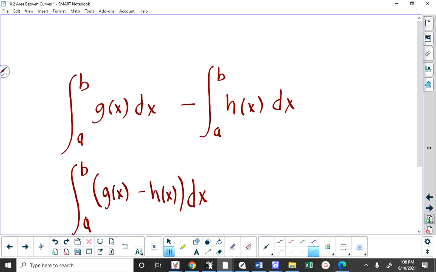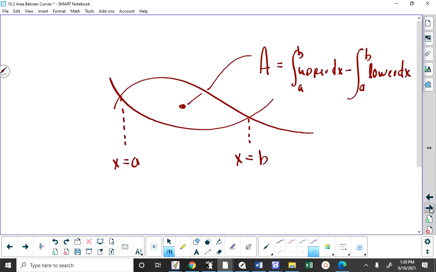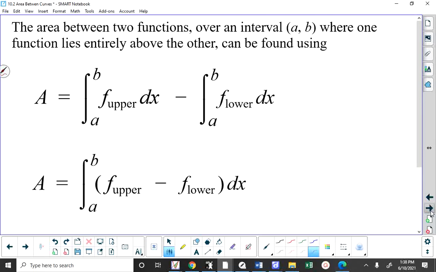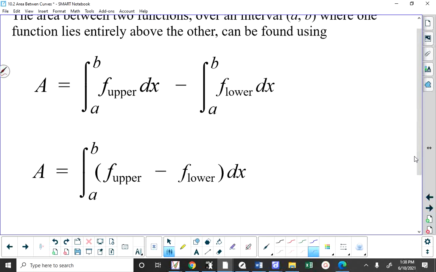What does this mean? It means that rather than doing this, we can do this.